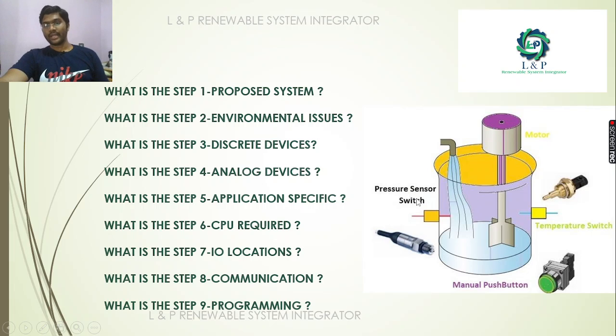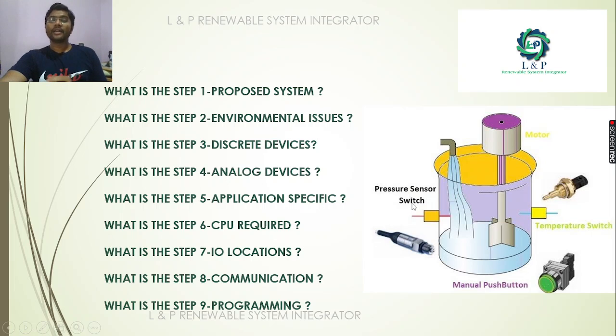Say for example, in the same place as this temperature sensor and the pressure sensor, if we have any analog devices, maybe a temperature device which produces an output in the range of 4 to 20 milliamps, then we have to go for an analog input module.